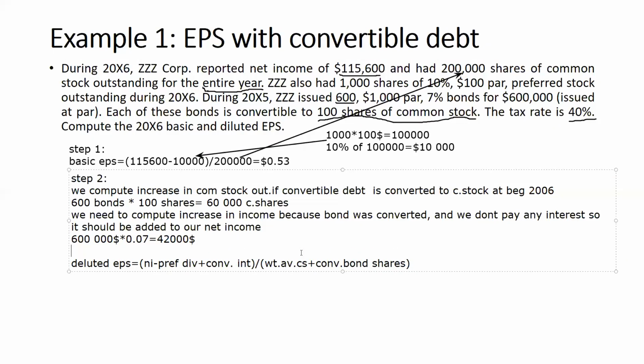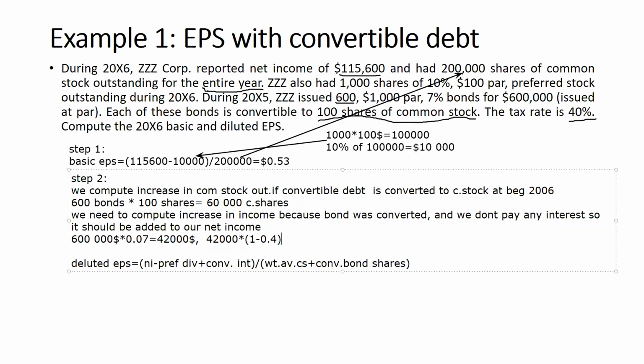Okay, then we calculate after the tax. We are not going to add it; we need to pay the taxes. So 42,000 times 1 minus taxes, 0.4.